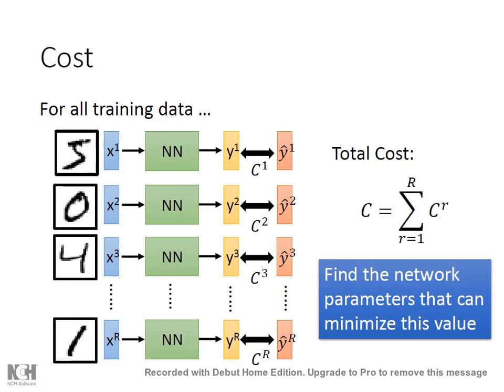So we can compute the cost C1 for the first training data, and this is the cost for the second training data. We just sum them all together into the total cost. We hope the total cost can be minimized, can be very, very small. So how to do it? I want to minimize the cost function. The simplest way is this one.